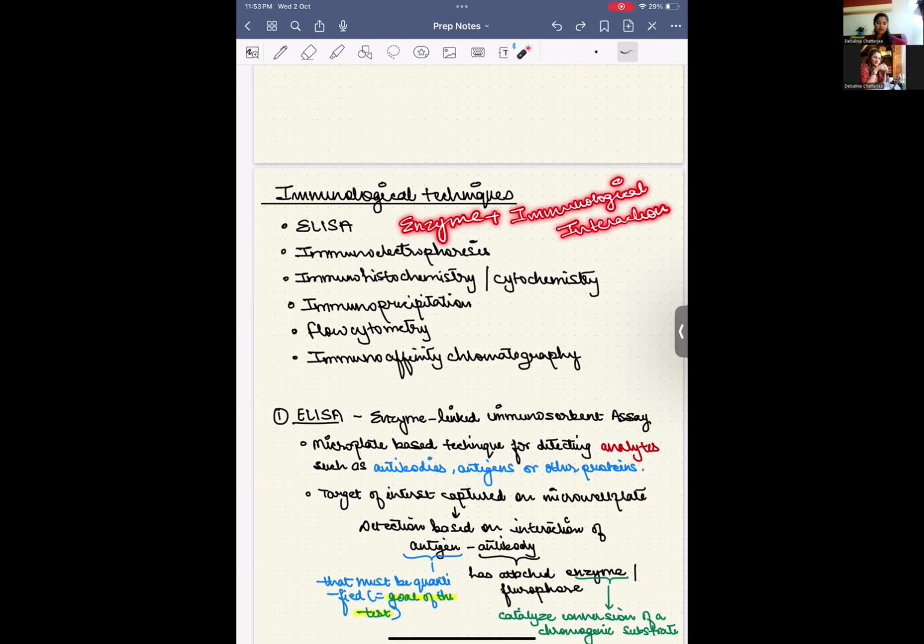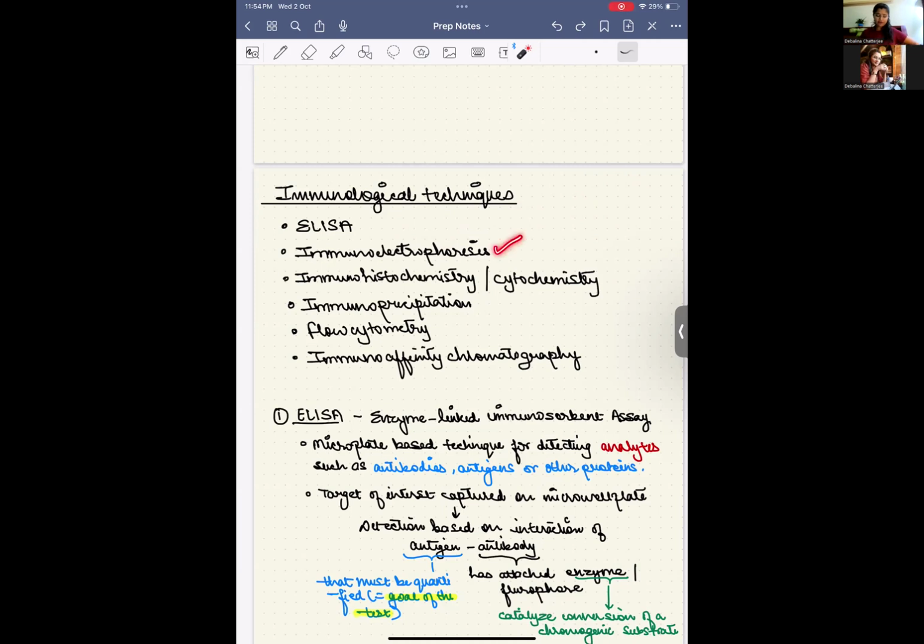So if a particular analyte is present, the antibody essentially gets a chance to bind to it, and the antibody is further conjugated to some sort of enzyme that cleaves or converts a chromogenic substance into its colored form, right? And this color can be quantitatively measured.